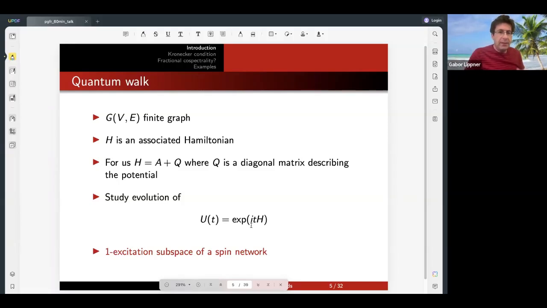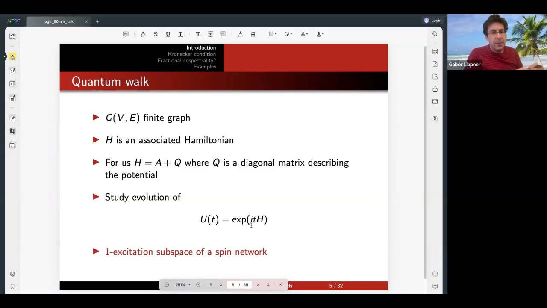so this is modeled, if we have n particles, by a 2 to the n complex dimensional system. And there is a Schrödinger's equation behind this whole thing that describes the time evolution. But for most of the theory that is done in the algebraic graph theory context, we focus on what is called the one excitation subspace of this huge 2 to the n dimensional space.